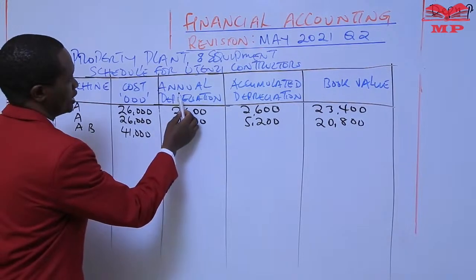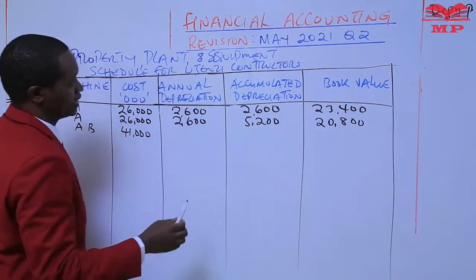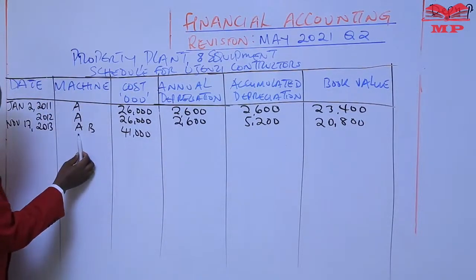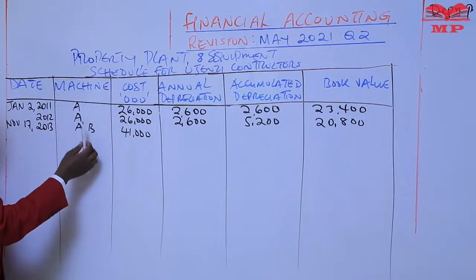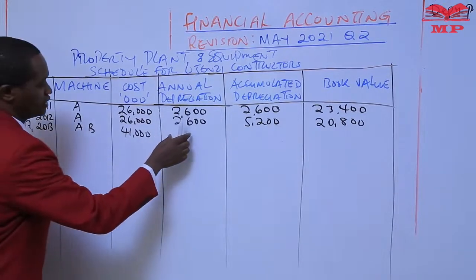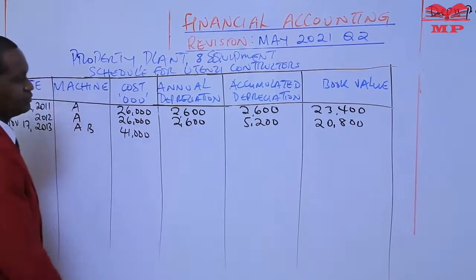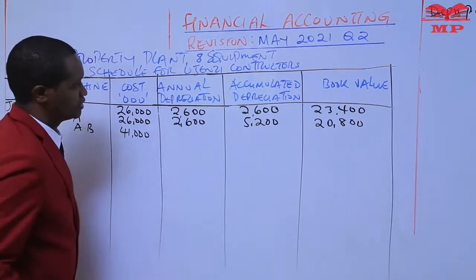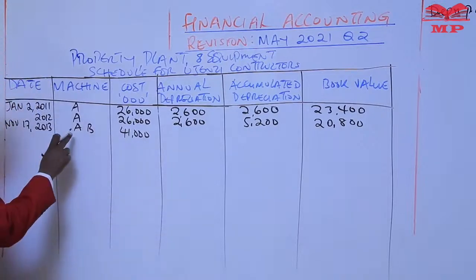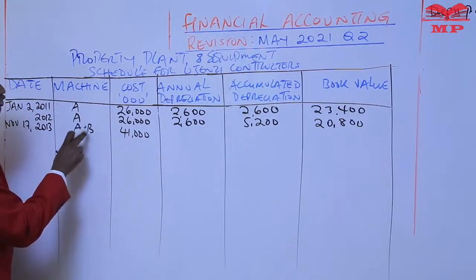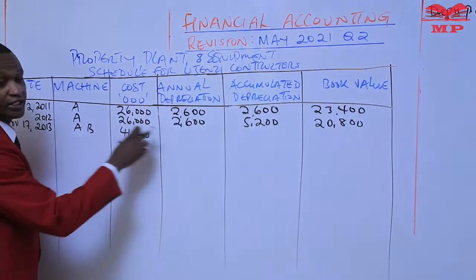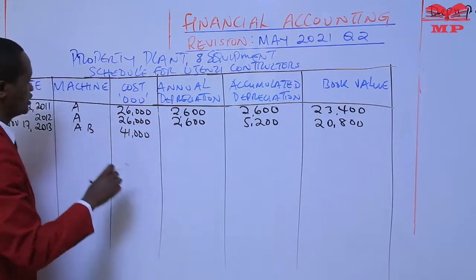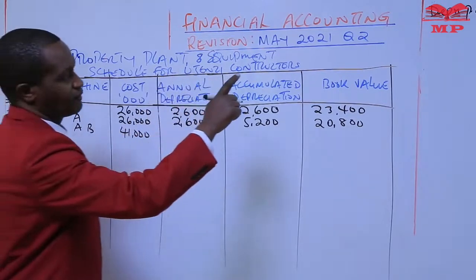When it comes to calculation of annual depreciation, again, I'm going to have the annual depreciation for machine A and for machine B, and I'll have it as a total. We know the annual depreciation for machine A, we calculated it here.